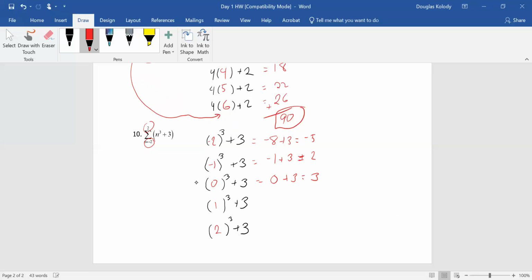Should be an equal sign, sorry. That looks like a not equal sign now, so let me erase so you don't get confused. Now it's an equal sign.